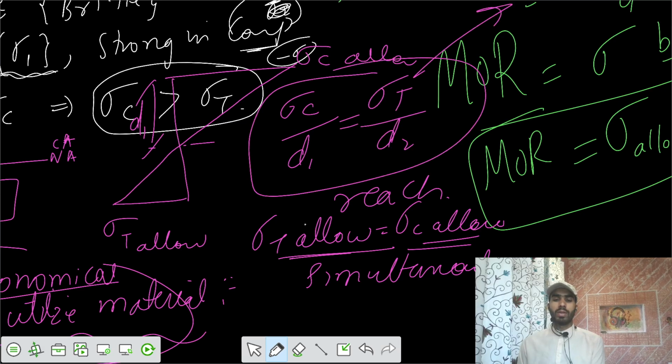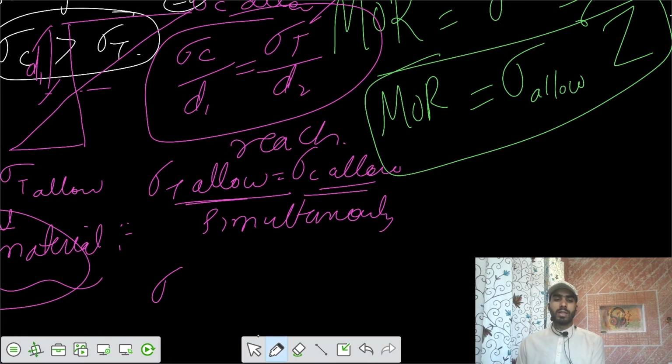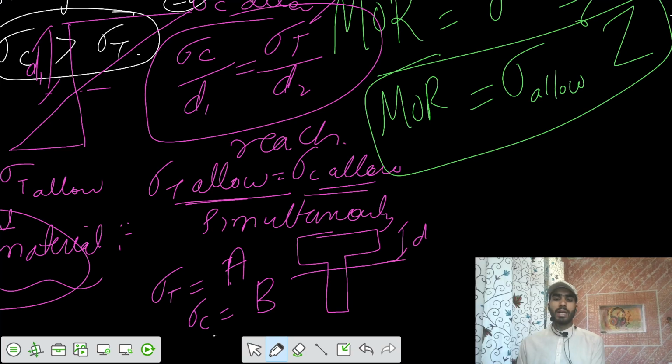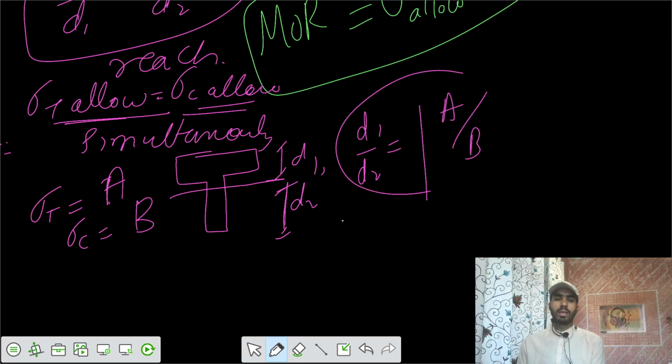From the tests you have performed, you know for cast iron how much tensile stress you can allow, let's say A, and how much compressive stress, let's say B. Now if the neutral axis is at distances D1 and D2, how much should D1 and D2 be? To use the material fully, with stresses reaching simultaneously, keep D1 by D2 equal to A by B or B by A.